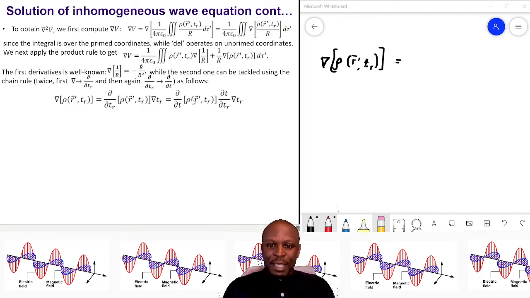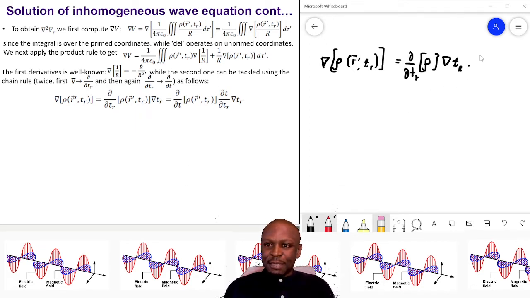And now if I have that, this is just going to be d with respect to retarded time. Let me just write rho. I'm just going to leave this term there, and then I'm going to have t_R. Now from there, if I have t_R, this is what I'm going to have. Then I can actually change the order.